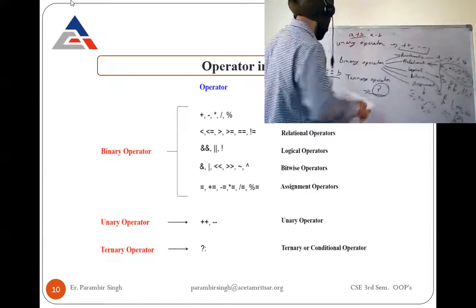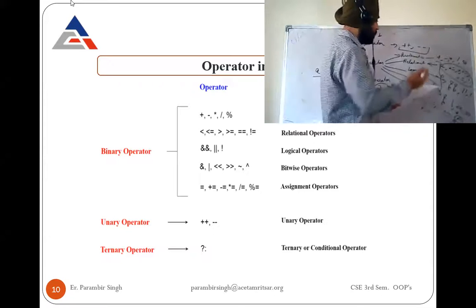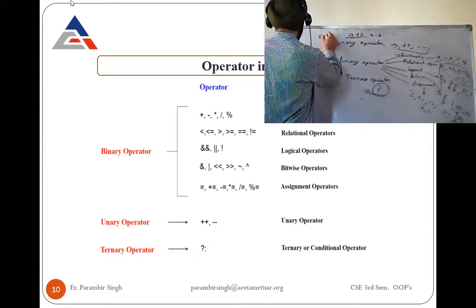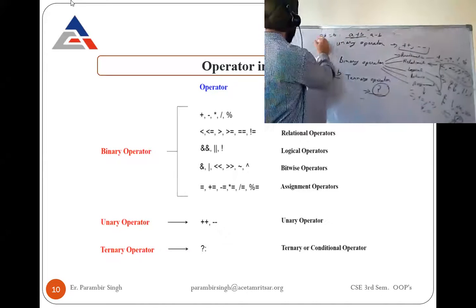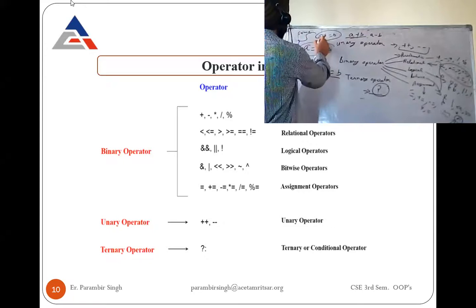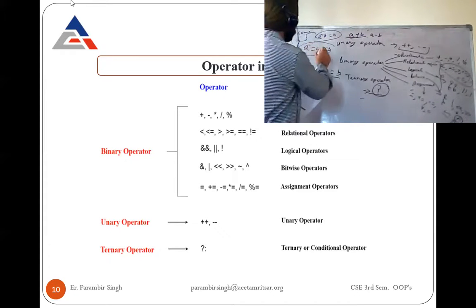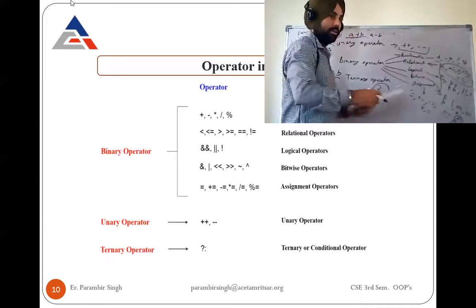Suppose a multiply equal to b, or we can say a is equal to a multiply b. These two are the same, whether we write a multiply equal to b or a equal to a multiply b.